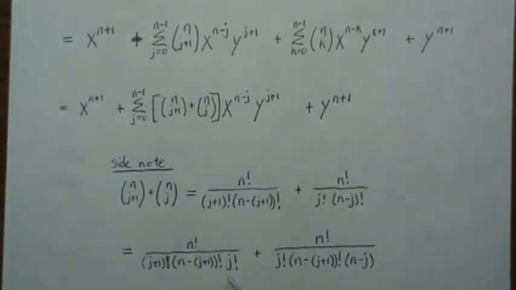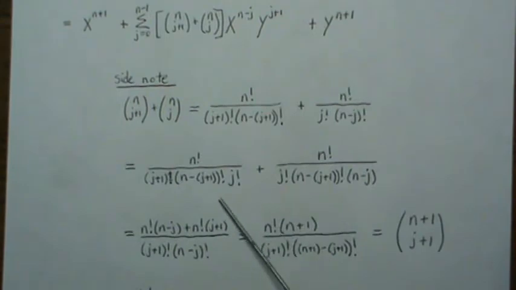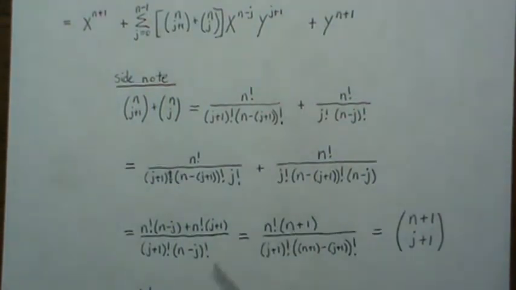So these two pieces are the same. So we need to multiply this over here and this piece over here. And that's what we do here. So then we get the like denominator of j plus 1 factorial n minus j factorial. And then that's the multiplication we talked about.